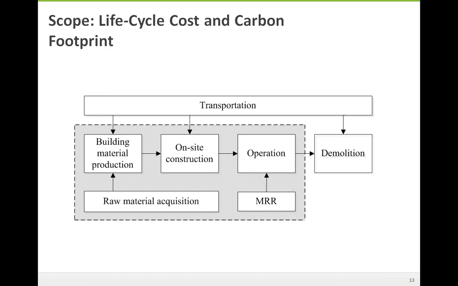Raw material acquisition through the production of materials, through on-site construction, through the operational phase, including maintenance, repair, and replacement of building components, as well as utility costs over the lifetime of the building, and then of course demolition, which we didn't consider in this analysis, largely because there's a lot of uncertainty on what the end-of-life scenario is for buildings, and not a lot of good information on what the impacts of those are, so we left that off.